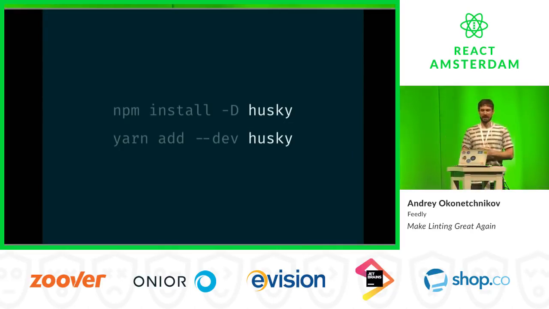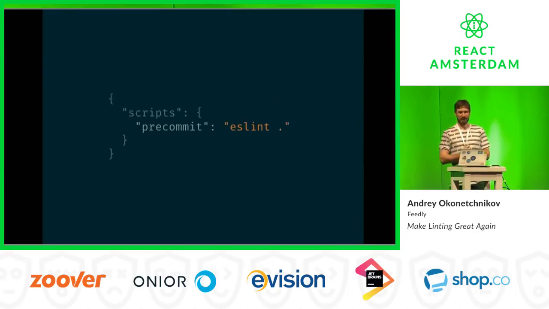Doesn't matter. And after that, in your package.json, you just add this new script. It's called pre-commit in this case. And you run the command, it's ESLint in this case, on a pre-commit hook. So it will just work across the whole team. The next time everyone checks out this code, it will just work.